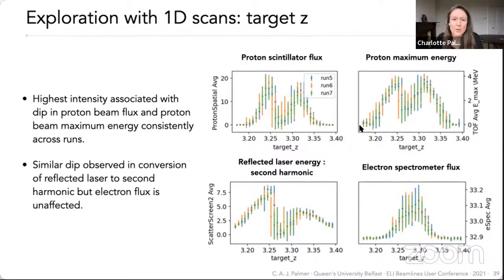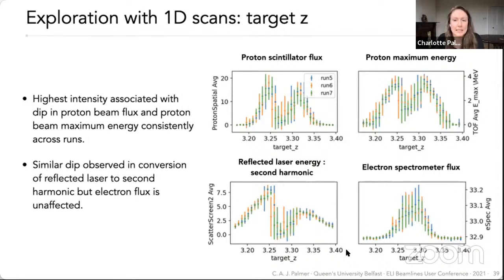So you can also see from the time of flight measurements that there's a corresponding dip in the proton energy. So that's consistent with what the kilohertz water target was showing in Ohio in those original examples that I showed.